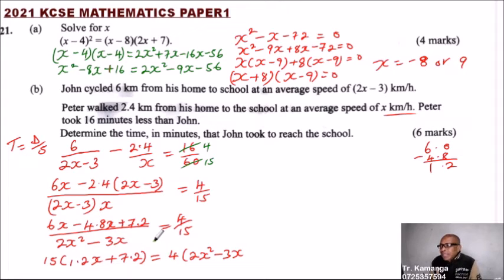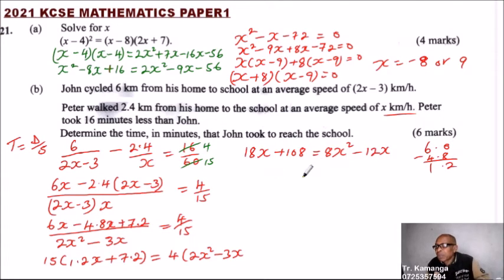So you open the bracket now. 15 we multiply by 1.2, and you get 18. So you get 18x, then you have 15 multiplied by 7.2, and that should give you 108. So that is plus 108 is equal to 8x squared minus 12x.